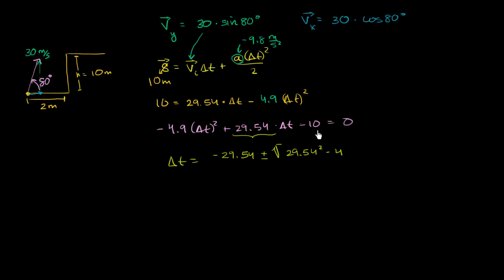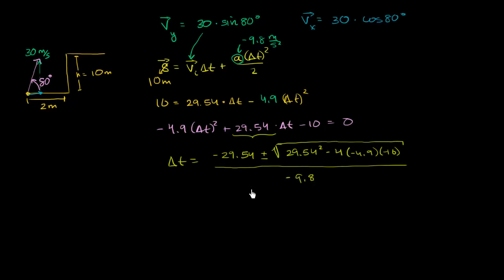So just a times c, negative 4.9 times negative 10. These two guys, their signs are going to cancel out. All of that over 2a. All of that over negative 4.9 times 2, so negative 9.8.